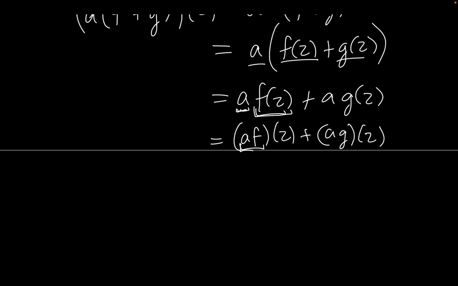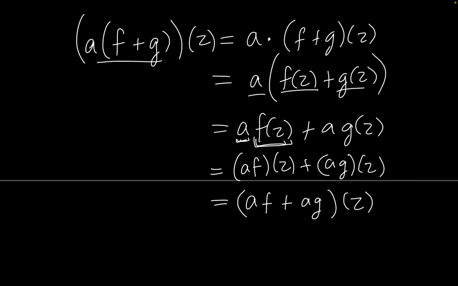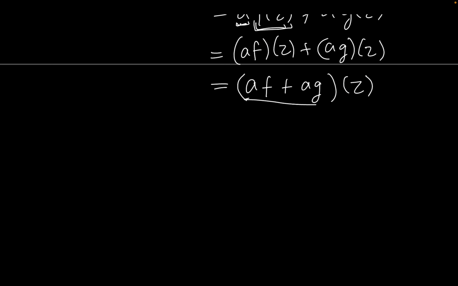Now we're considering this to be the output of the function af acting on z. Okay, cool. So this is now equal to, again using the definition of addition, (af plus ag) of z. So with that we've shown that a times (f plus g) is equal to af plus ag for every single z in F.